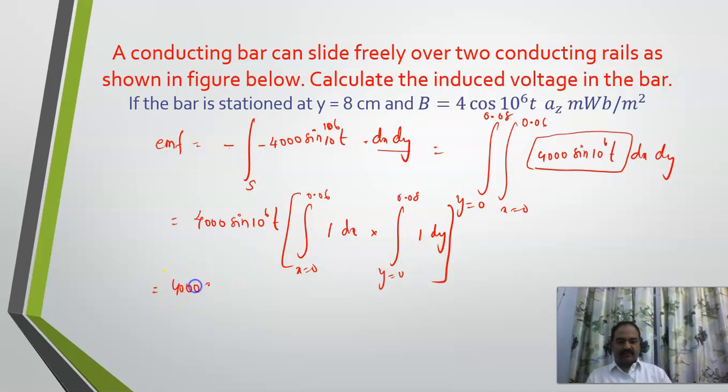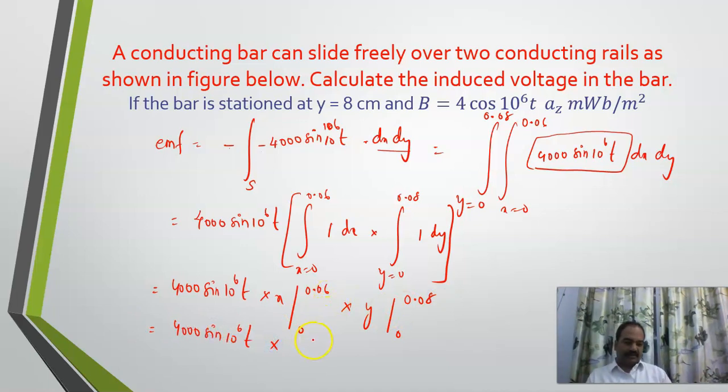So I'll get 4000 sine(10^6 t) into x, where x is varying from 0 to 0.06, into y, which is varying from 0 to 0.08. This is 0.06 minus 0, I'll get 0.06. This is 0.08. So I'll get 4000 into 0.06 into 0.08, so this is 19.2 sine(10^6 t) volts. This is the EMF for case number 1.